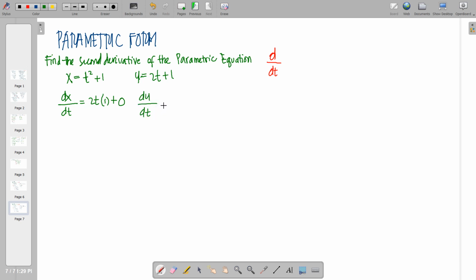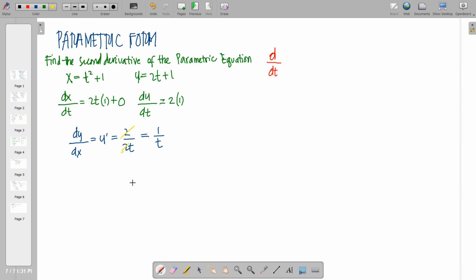Similarly, for the second equation, we have dy all over dt is equal to 2 times dt over dt, or equal to 1. Then dy over dx is equal to y prime is equal to 2 all over 2t, or equal to 1 all over t, considering that 2 here is cancelled.